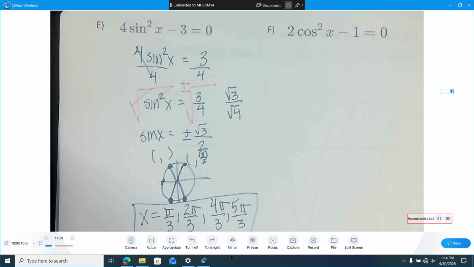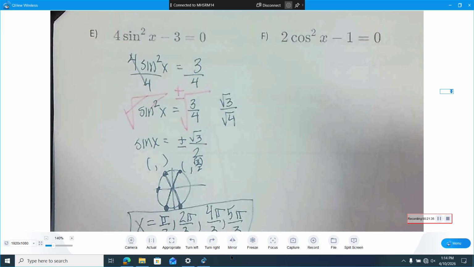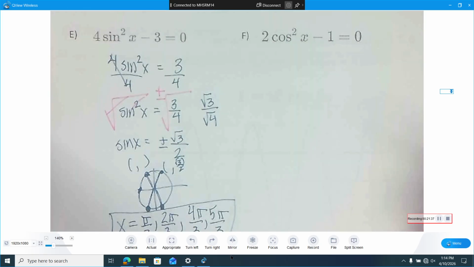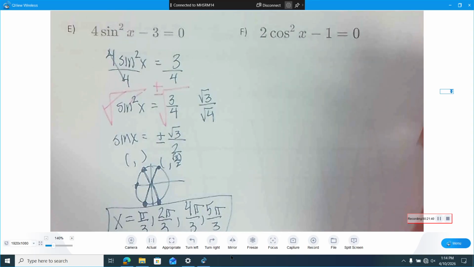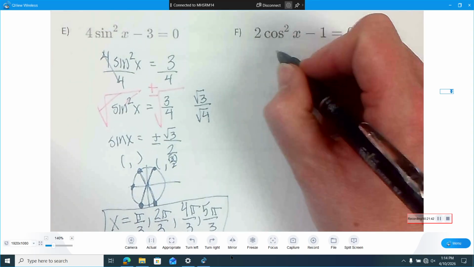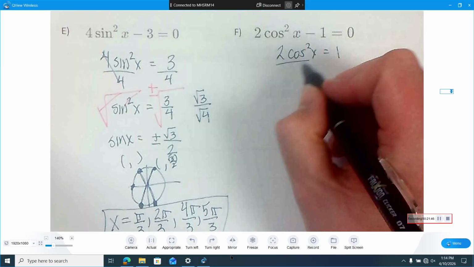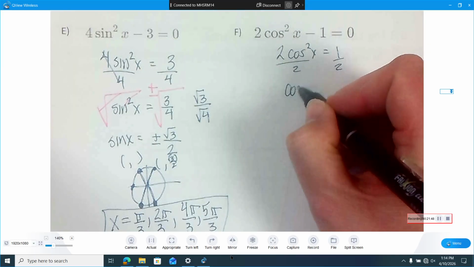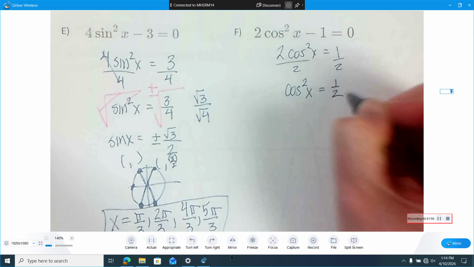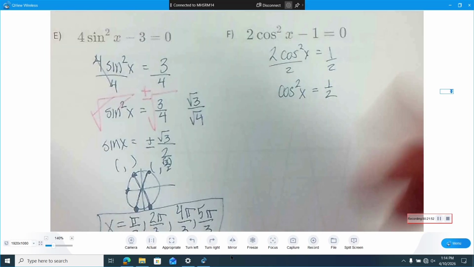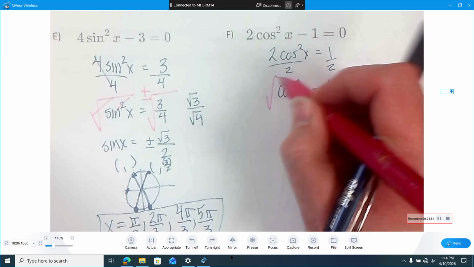Okay? And then last here but not least, what are we going to do? Add 1. So 2 cosine squared of x equals 1, and then divide by 2, so we get cosine squared of x equals 1/2. Square root both sides.